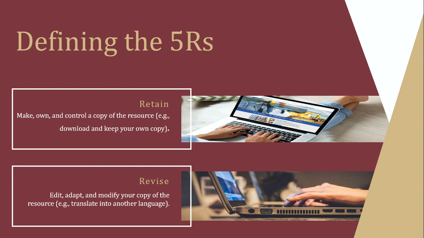Revise means that you can adapt and modify that particular resource, doing things like translating it into another language or perhaps changing a few words around, things like that. And this is typically most doable when that particular resource is posted in a format that you can edit without any expensive software.